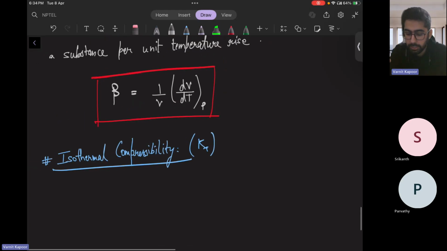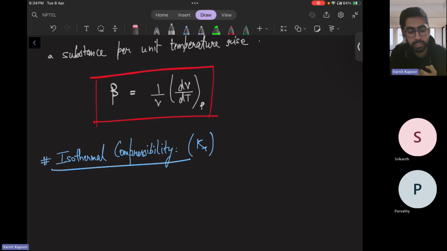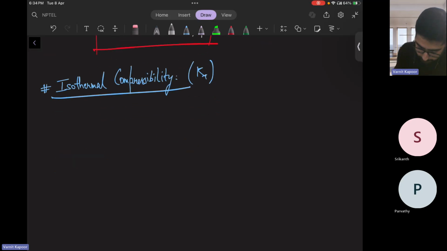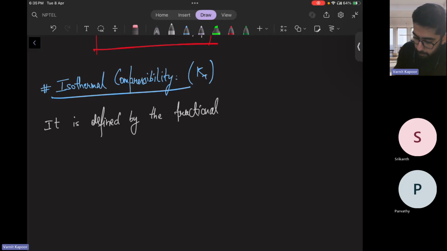The previous one, expansivity, was change in volume with respect to temperature. This is change in volume with respect to pressure. So I should write it is defined by the fractional change in volume due to change in pressure.